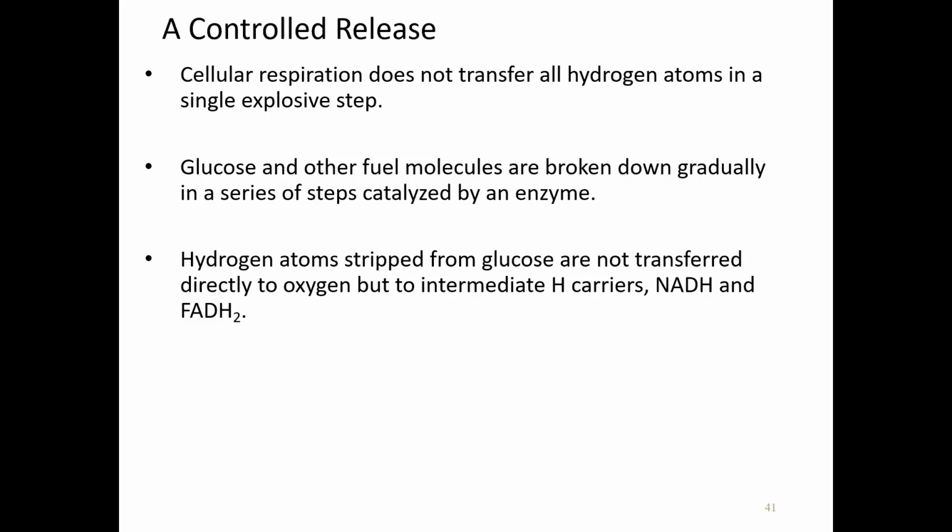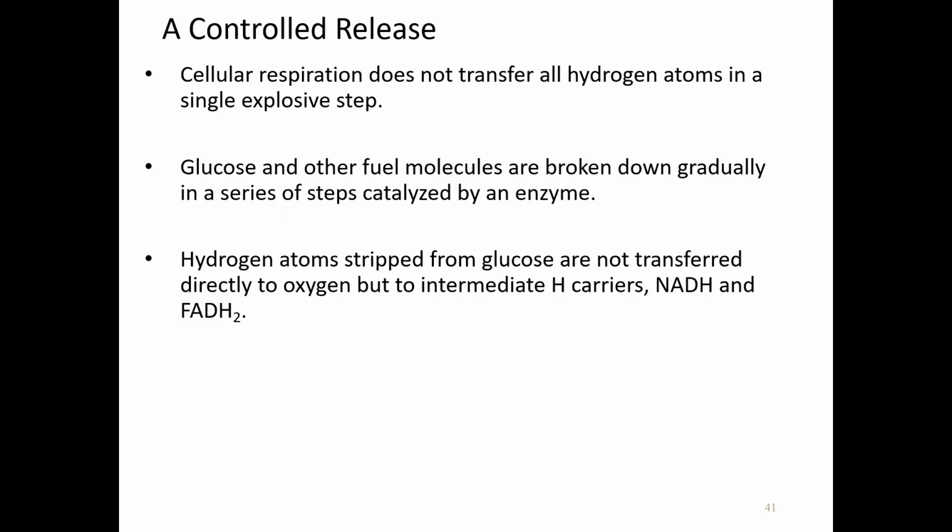Now, in the initial step, we don't immediately transfer those hydrogens to oxygen. We're going to get there, but we use intermediate steps to transfer those hydrogens to oxygen. When we oxidize a Snickers bar, we release the electrons, we release the hydrogens to come with it, and they're ultimately going to end up with oxygen.